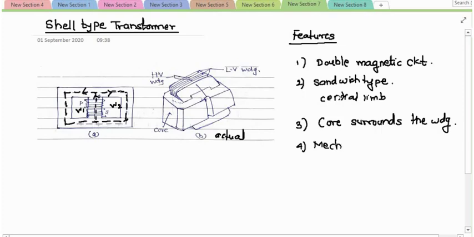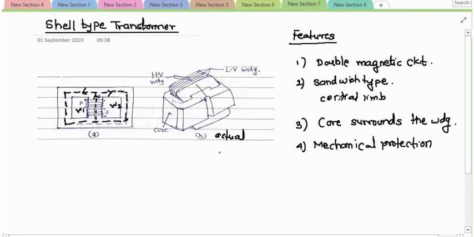So mechanical protection is better in the shell type of transformer, because your windings are in the middle and those windings are protected by means of the core, whereas in the core type of transformer your windings are on the outer side, so mechanical protection is poor in the core type of transformer.